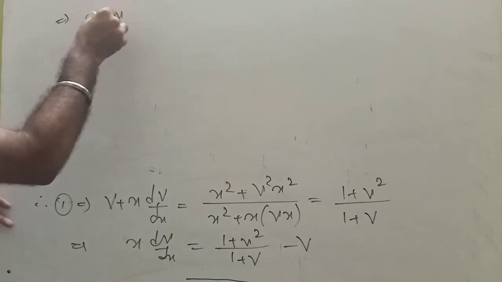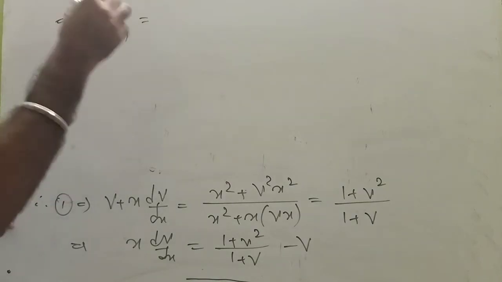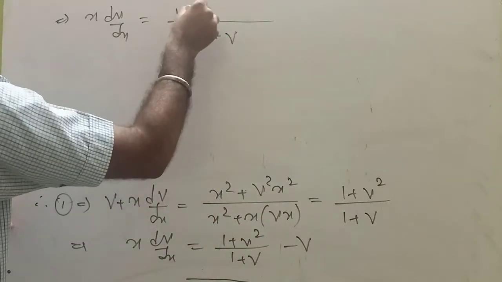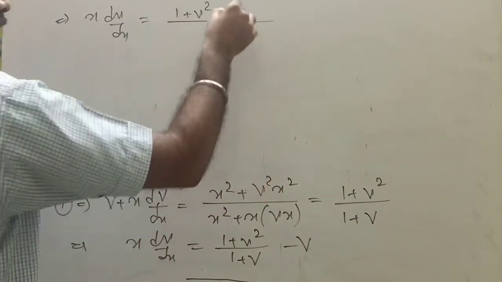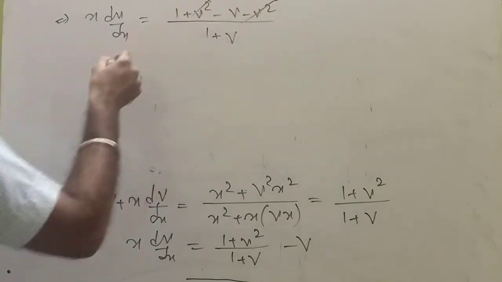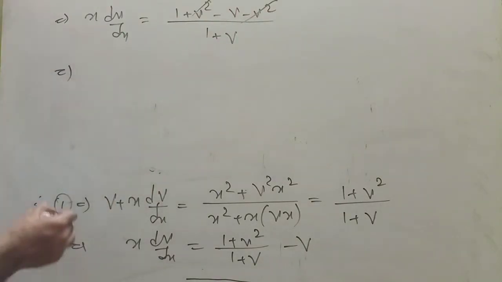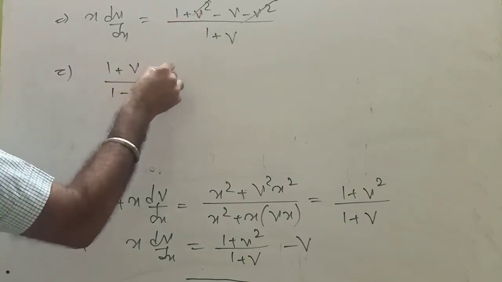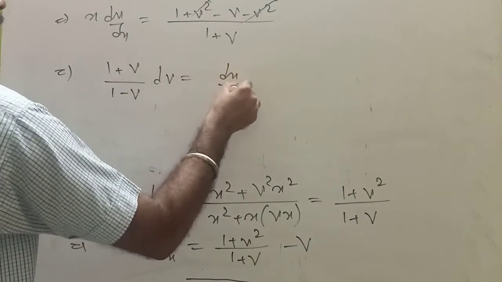X into dv by dx is equal to, LCM is 1 plus v square minus v square. So v square cancels out, then cross multiplying and separate the variables. 1 plus v over 1 minus v into dv is equal to dx over x.